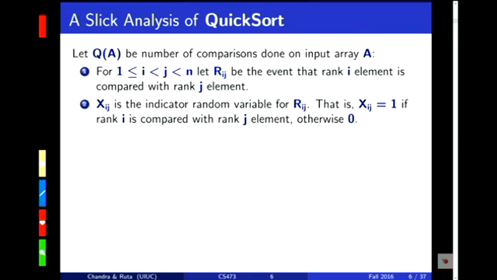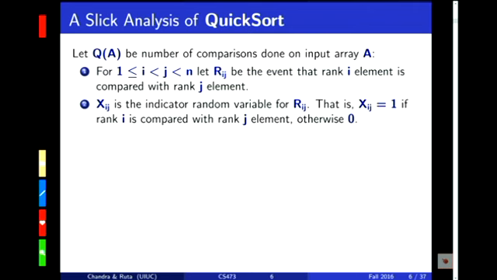What do I mean by rank? Rank is the position of the element in the sorted order. So let's define this event Rij, which happens when I compare the ith rank element with the jth rank element, and let xij be the indicator variable for this event.